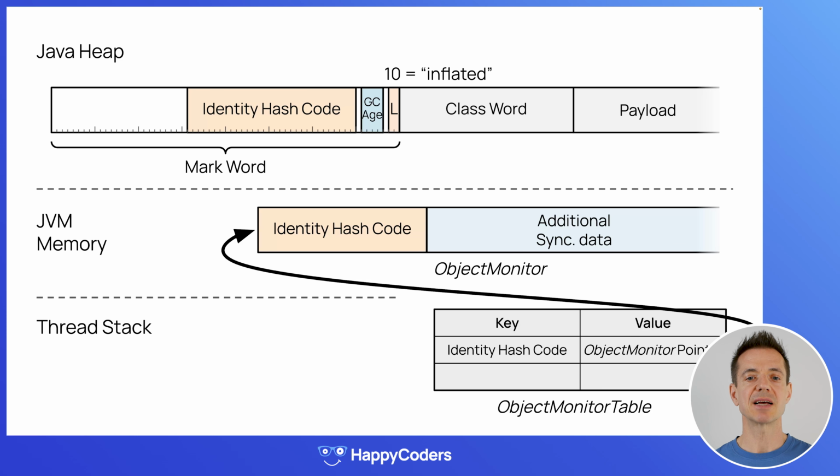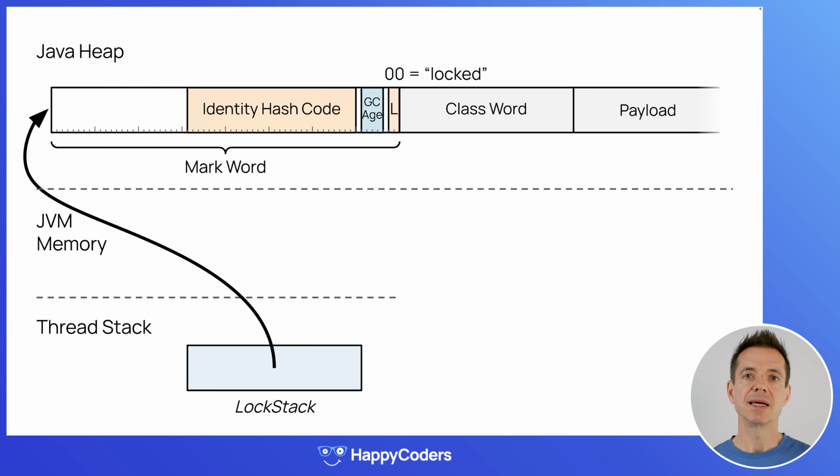Lightweight locking has several advantages. Here you can see the uncontended lock again, and in most cases a lock stays uncontended. That means while one thread is inside the synchronized block, no other thread is trying to enter it. In this case, the overhead of creating an additional data structure is eliminated. The lock stack, after all, exists permanently.